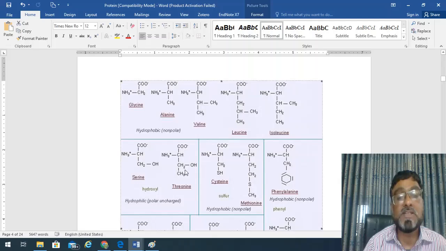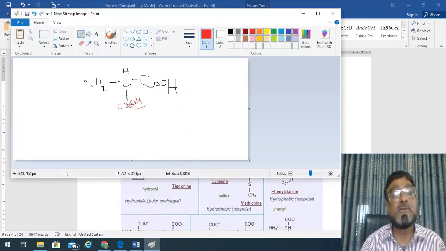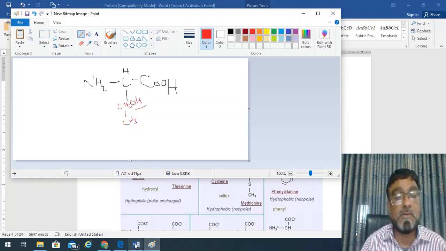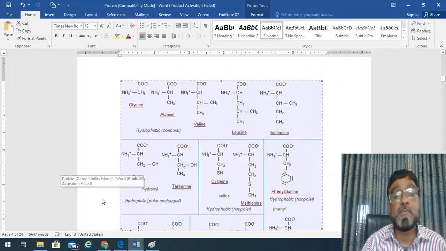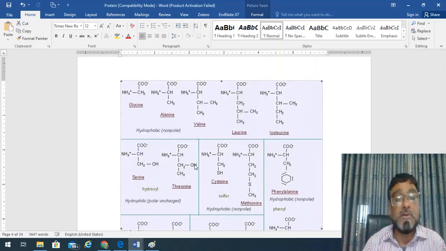This is the basic structure, CH2OH and CH3. So what you are adding is another CH3 here. So this CH3, CH2OH, that is contributing the polarity, but there is no charge on it. So this is the serine and the threonine.